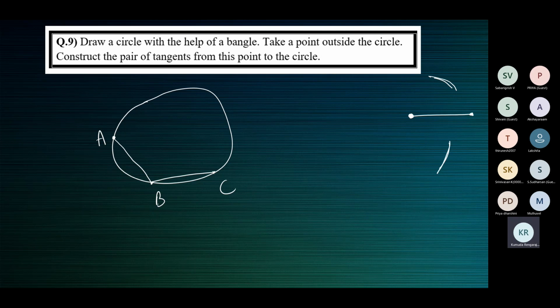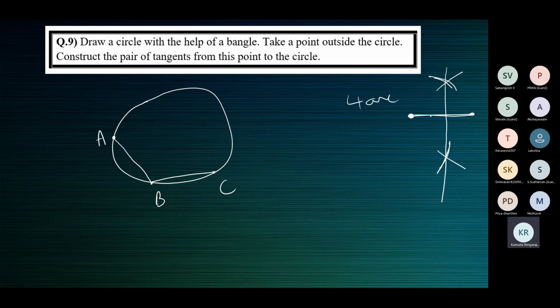Then from the other point, using the same radius, you cut the earlier arcs and join them. This is the required perpendicular bisector. Some teachers call it the 4-arc method.